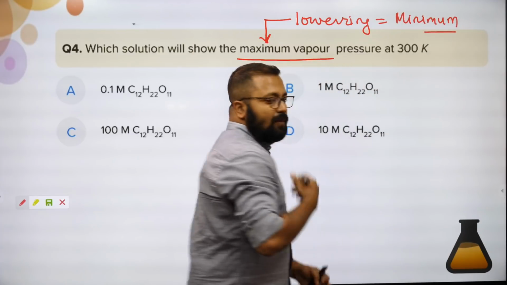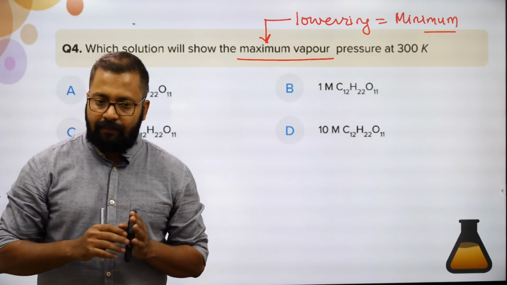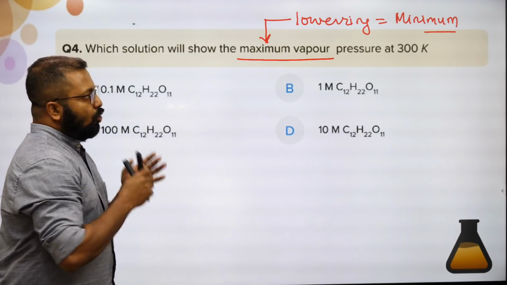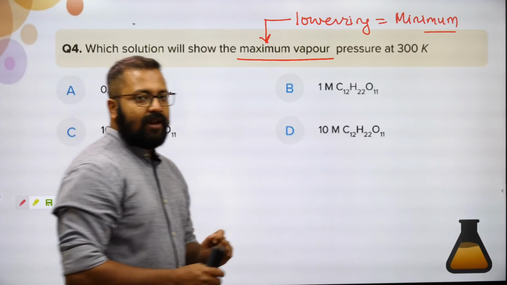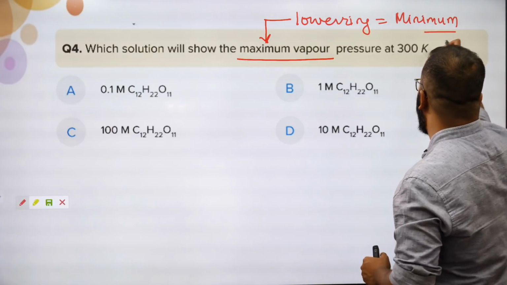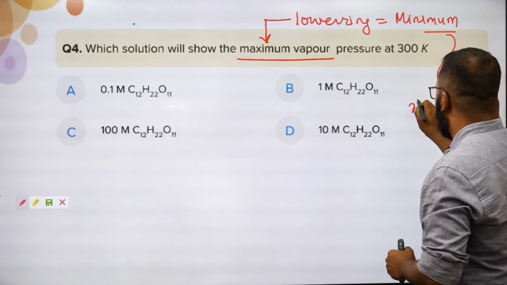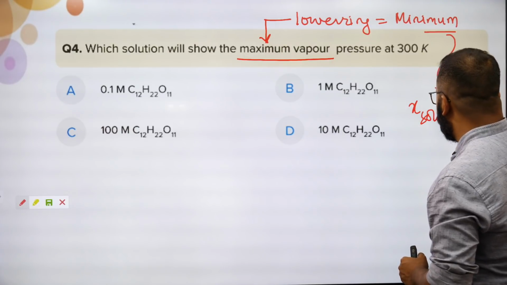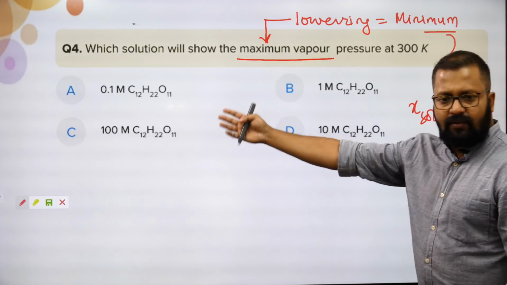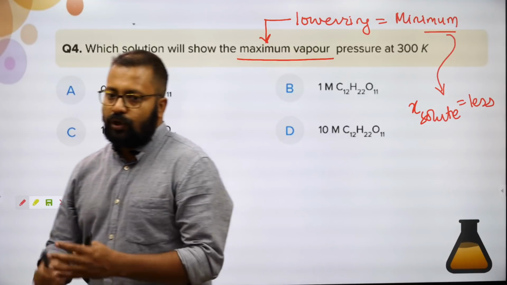When would lowering be minimum? Lowering would be minimum only when the amount of solute is less. So I have to calculate in which case the amount of solute is least.